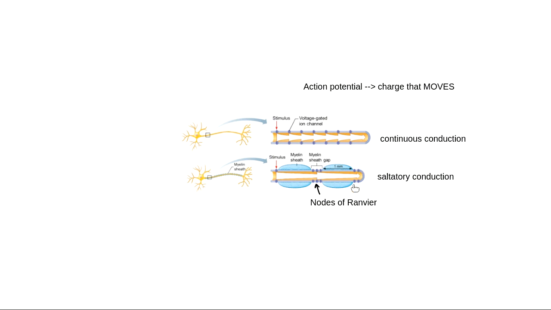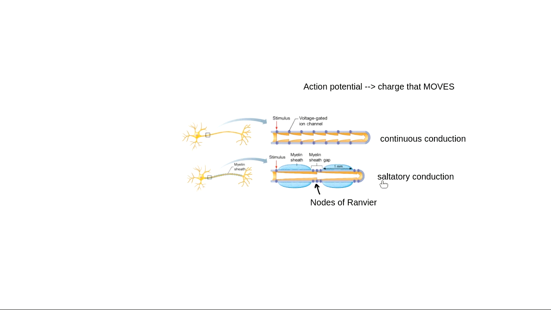So imagine saltatory conduction, or imagine if we're back to Science West, maybe instead of having to go through and open and close every single door in the hallways in Science West, maybe we only have to open and close half of those doors. And we get to go, okay, I opened these two doors, which means now I get to, in the words of the lesson, run 20 feet down the hallway before I have to go in and close another door.